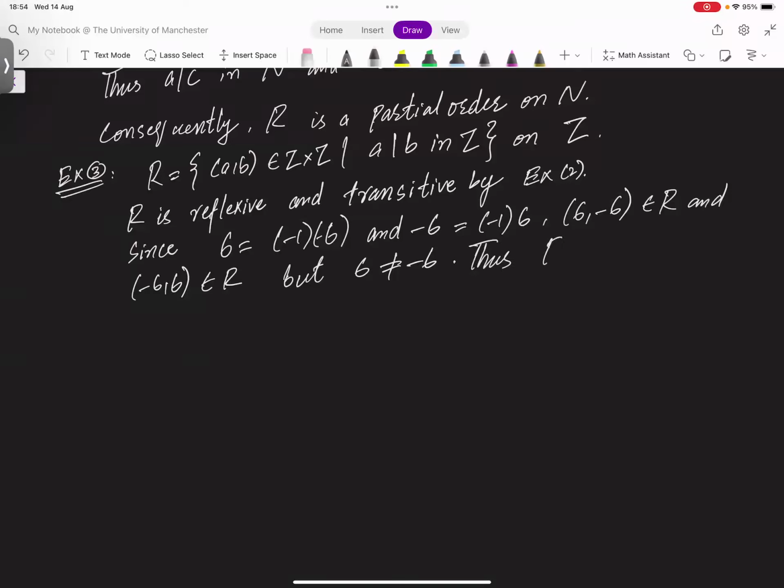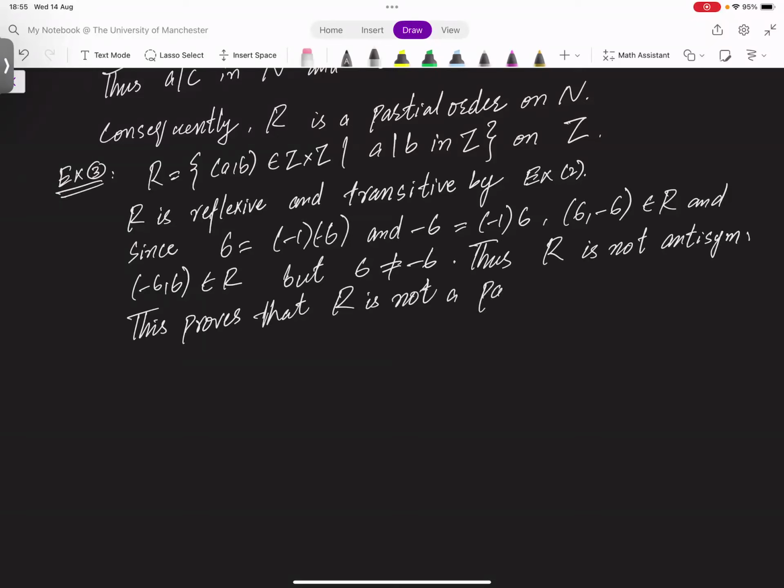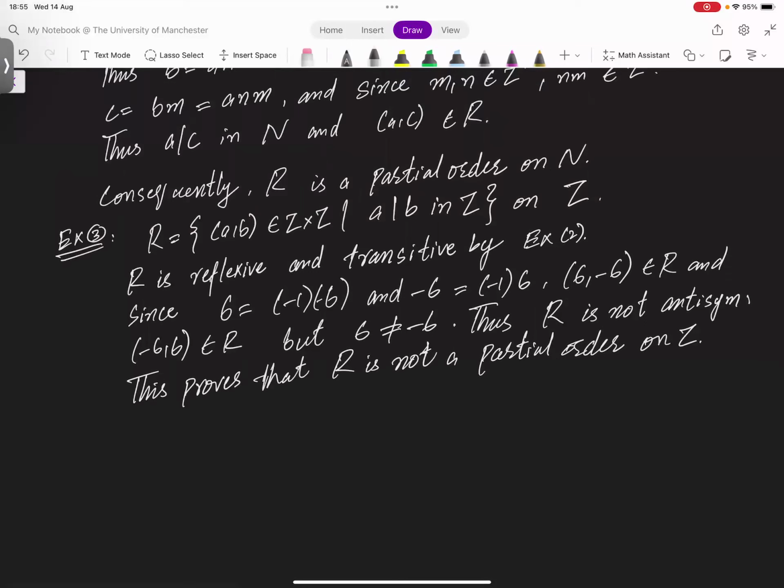Thus, R is not antisymmetric, and this proves that R is not a partial order on Z. It was a partial order on the natural numbers, but it is not a partial order on Z.